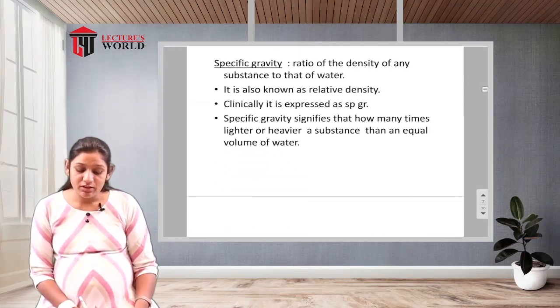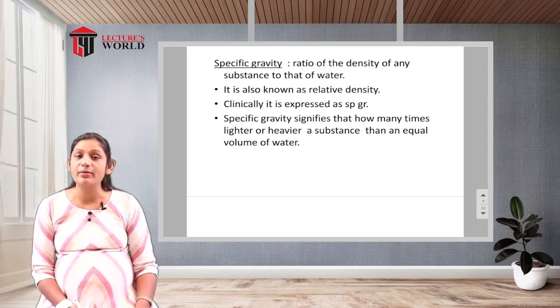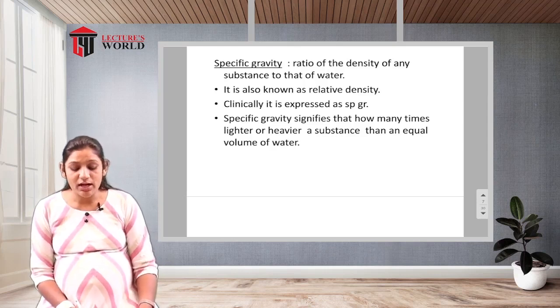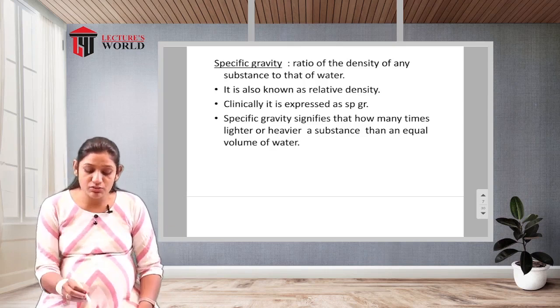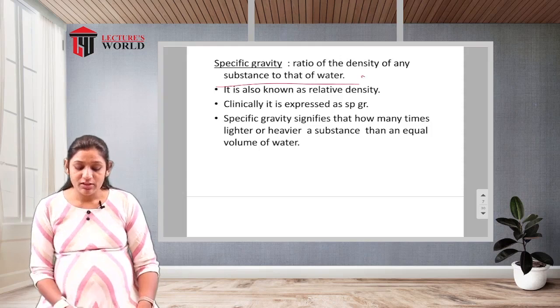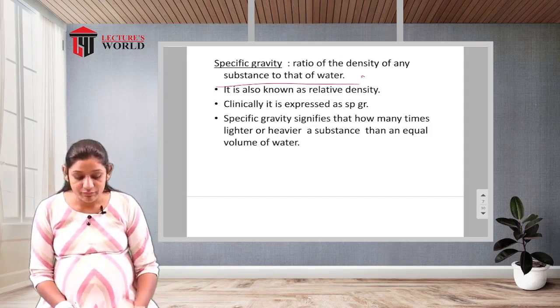Specific gravity is the ratio of the density of any substance to that of water. It is also known as relative density.